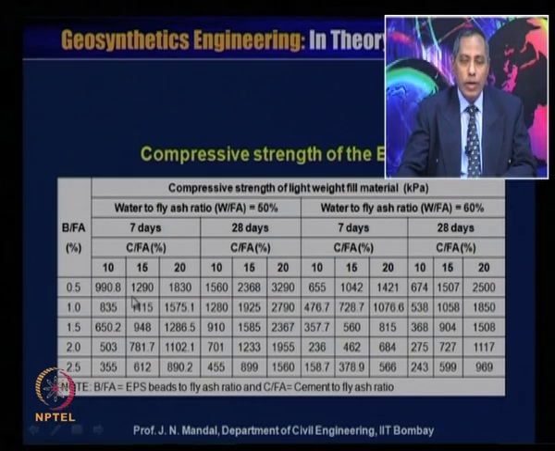990.8 when B by FA is 0.5%, and compressive strength value 835 when B by FA is 1%. Then when B by FA is 1.5, it is 650.2; when B by FA ratio is 2.0, then it is 503 kilopascal; and when B by FA is 2.5%, it is 355 kilopascal.